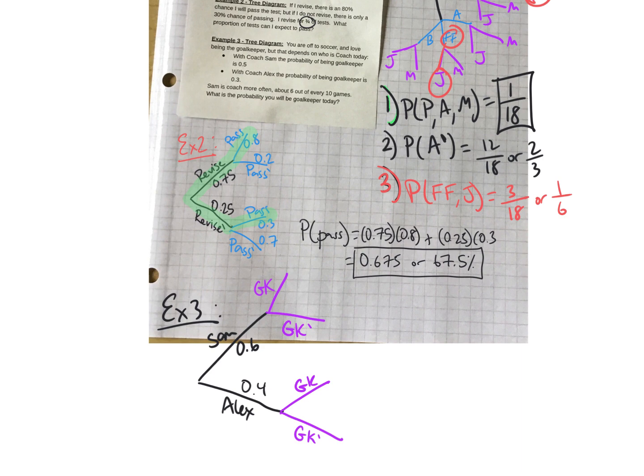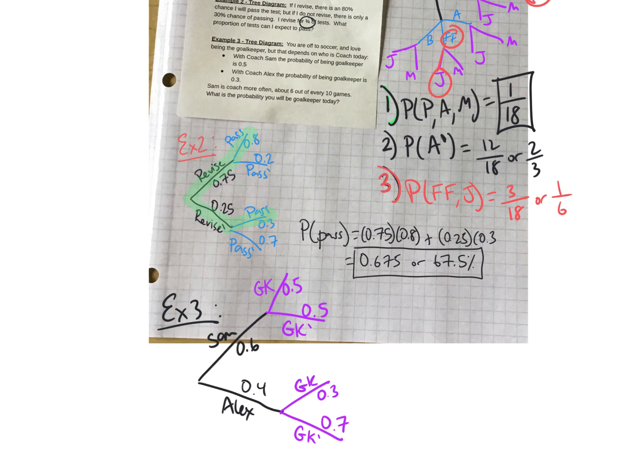So it says with Coach Sam, the probability of being a goalkeeper is 0.5. So the probability of not being a goalkeeper is also 0.5. And then with Coach Alex, it's 0.3. And so the probability of not a goalkeeper is 0.7.